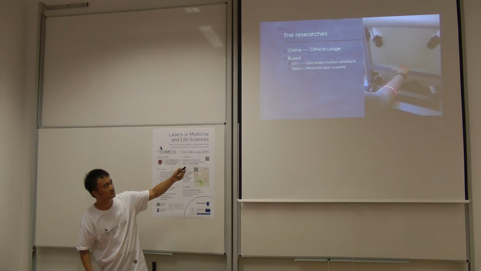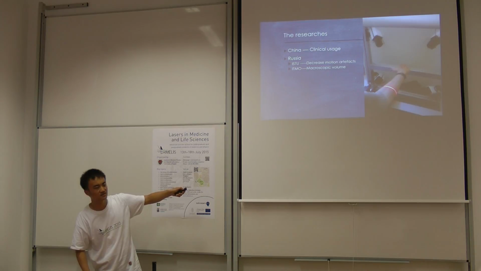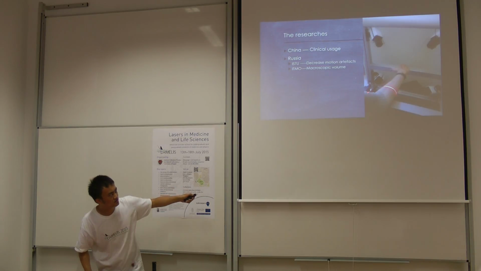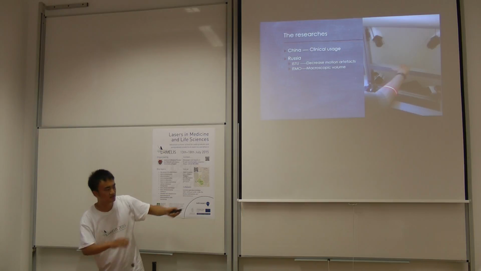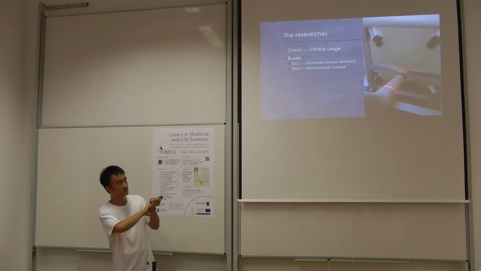You can see there are 4 lasers and laser detectors, and it can make a laser circle on your arm, and from this part they tighten the arm and keep the artery working, but the vein is not working.